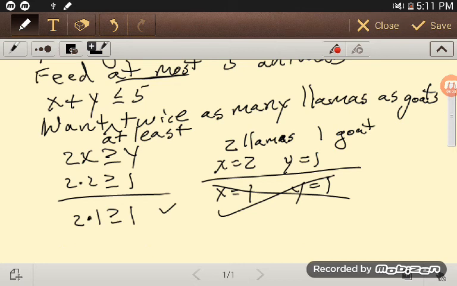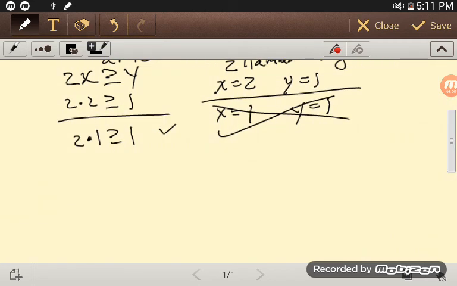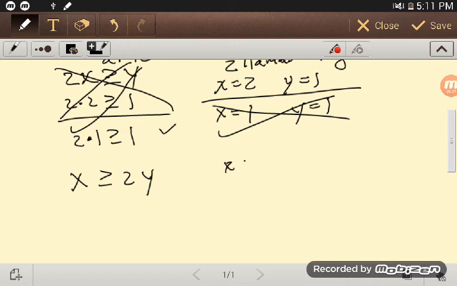And so actually what we need to make that one true is x needs to be greater than or equal to 2y. So see, this was all wrong. And notice then that this other still works. If x is 2 and y is 1, this still works because I get 2 greater than or equal to 2 times 1.